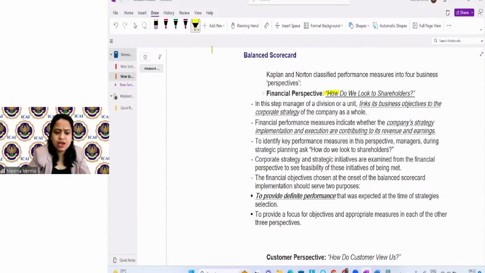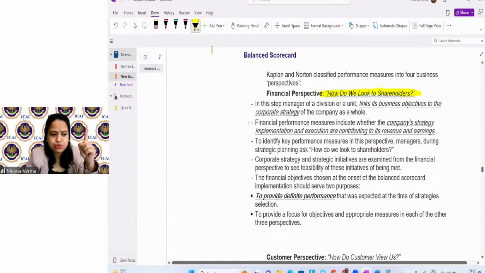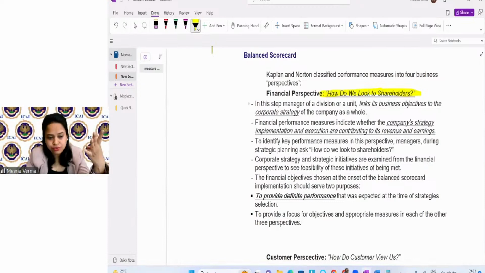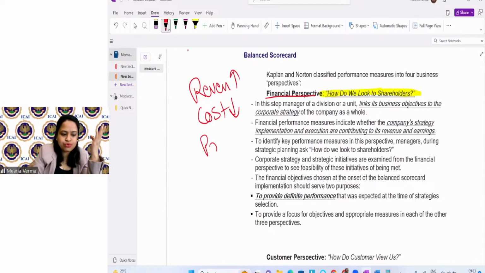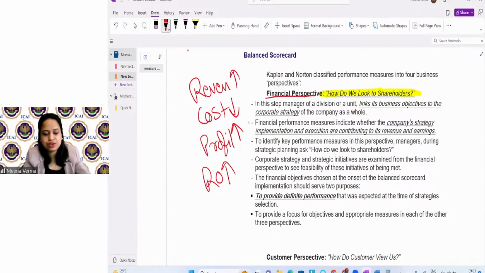In the financial perspective, how do we look to the shareholders? Look, we have to improve return on investment, reduce cost, improve revenue, improve profit. Just keep it in mind, okay? So here in the financial perspective, I told you, try to improve the revenue, try to reduce the cost, try to improve the profit and the return on investment.